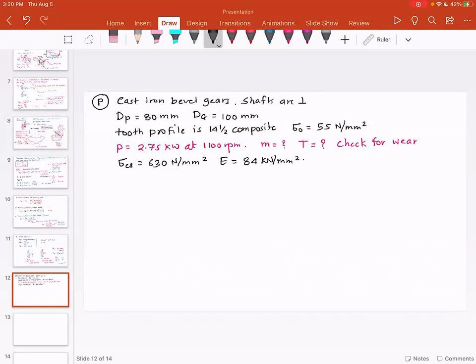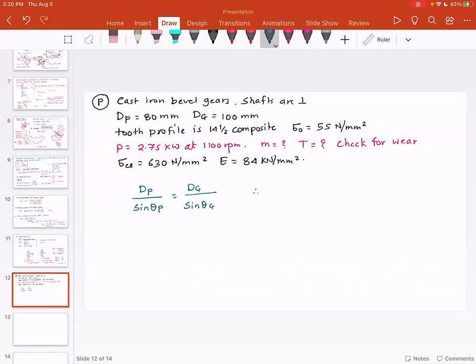So in this gear design, we are going to start from step 1. We are going to find out the cone angle. So step 1, as we know that dP divided by sine theta p is equal to dg divided by sine theta g.